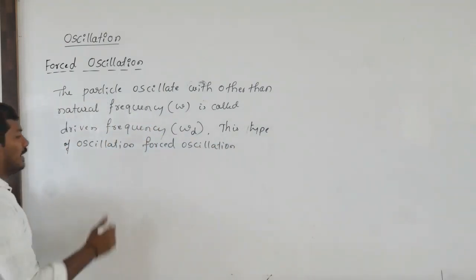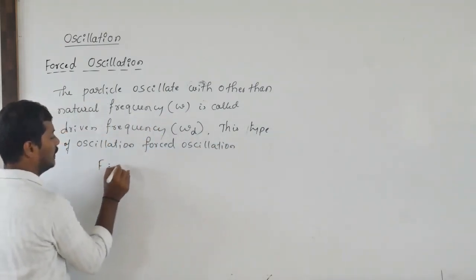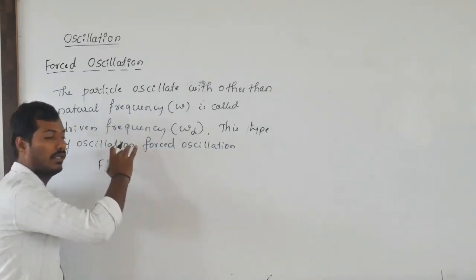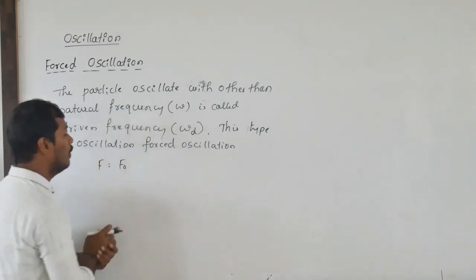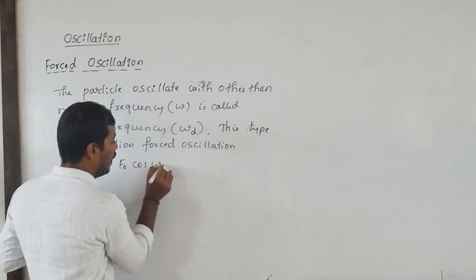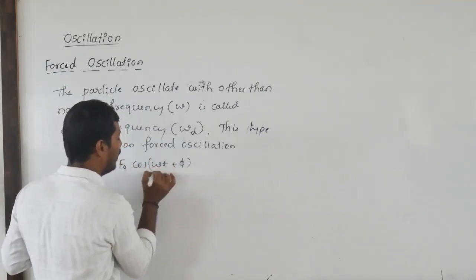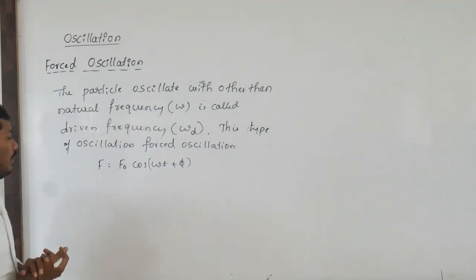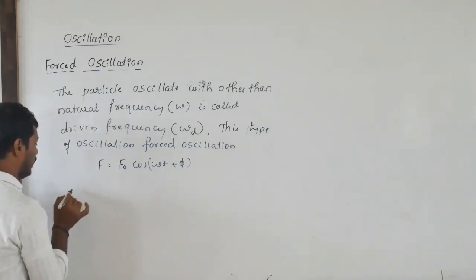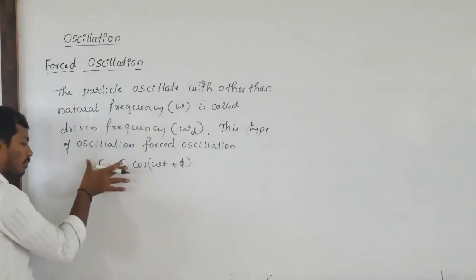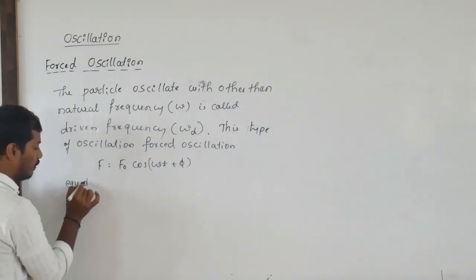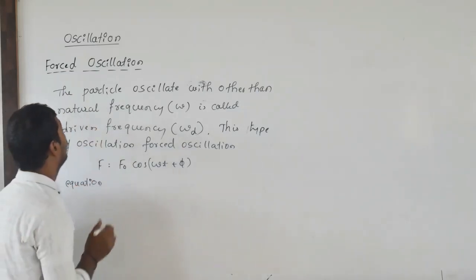According to this, its equation is F equals F naught, where F naught is the amplitude, the maximum force, into cos of omega t plus phi, if it makes a certain phase, that is phi. Another one is the displacement equation, the equation of the displacement of the particle under the forced oscillation.